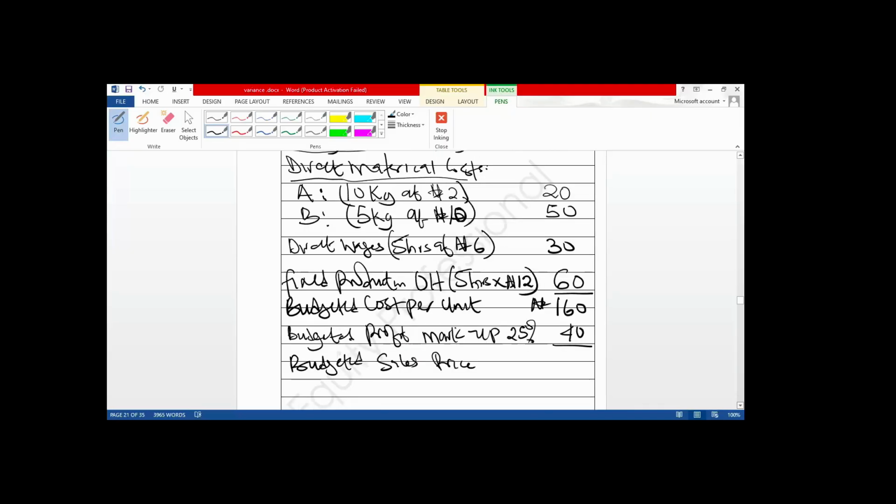That means your standard profit per unit is 40 naira. Your standard selling price, budgeted sales price, is 200 naira. The examiner says, look at it.